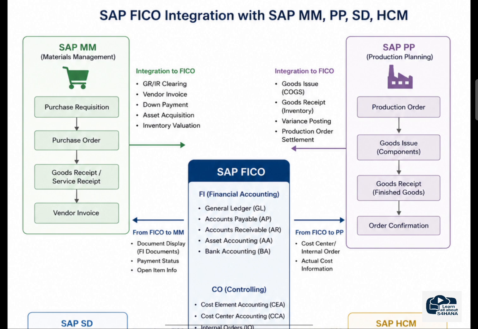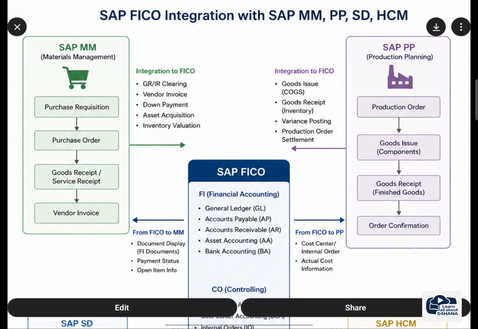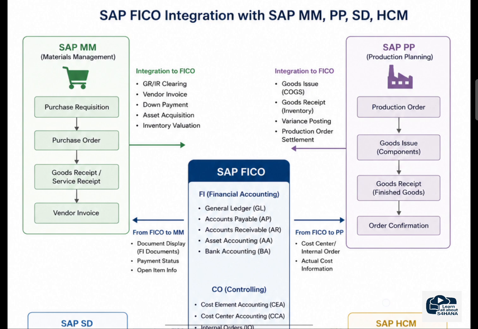So next is the purchase order. Here the procurement team creates a purchase order for the vendor. Even in this step, there is no FI posting done. Next is the goods receipt or the service receipt. The warehouse receives the steel rods now.